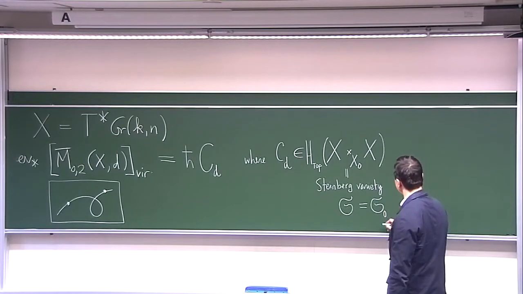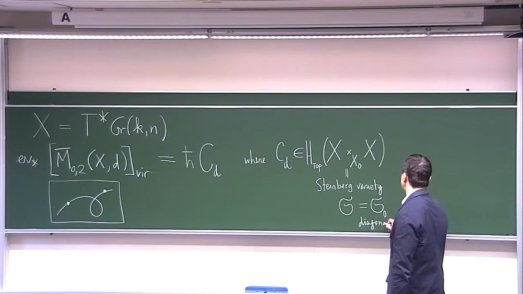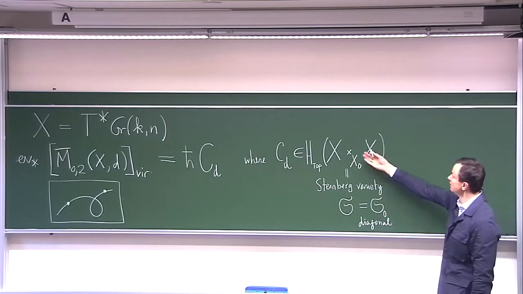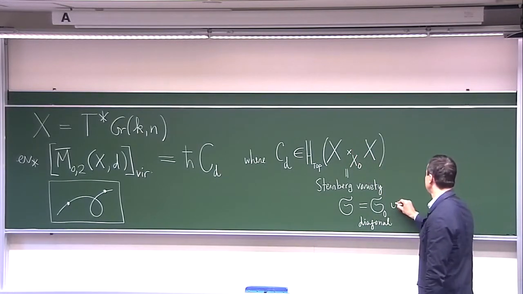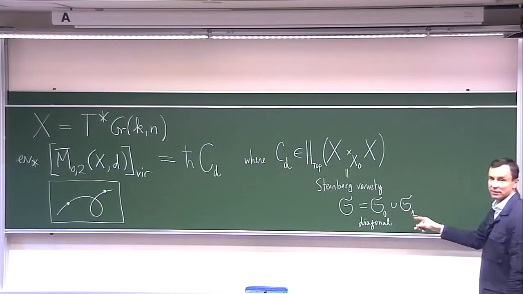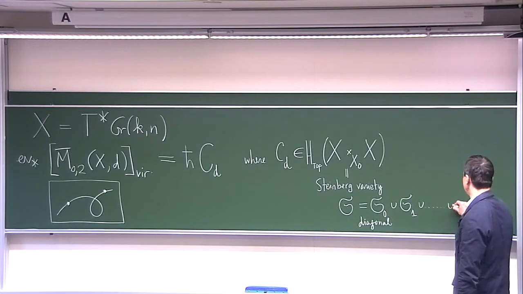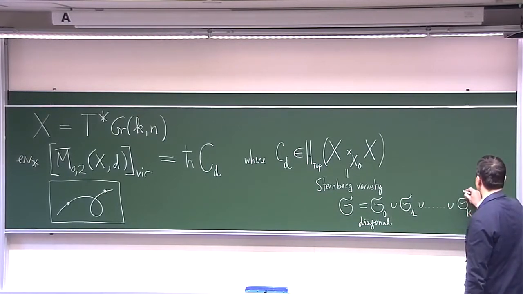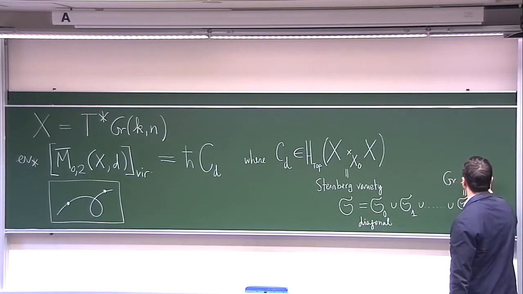For example, there is, maybe I write it C0, this is the diagonal. So this variety always has a component which is a diagonal. The diagonal is clearly a dimension x dimensional subvariety here. Then there is the next one, which will be the one of interest to us, and then there's the last one, which is maybe I'll write this K. This is just Grassmannian cross Grassmannian.